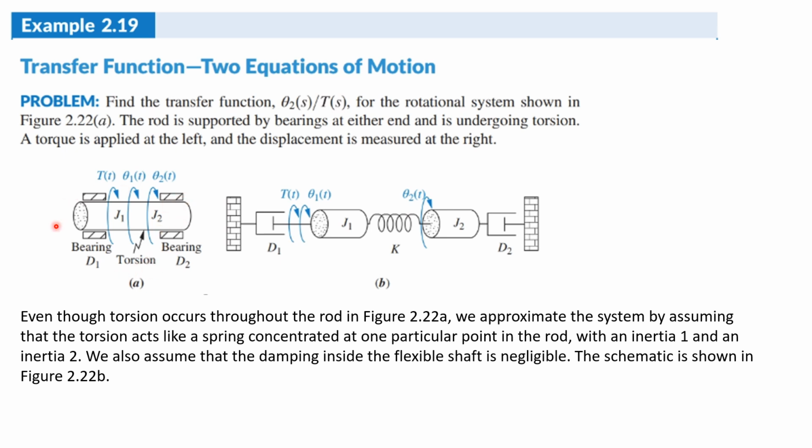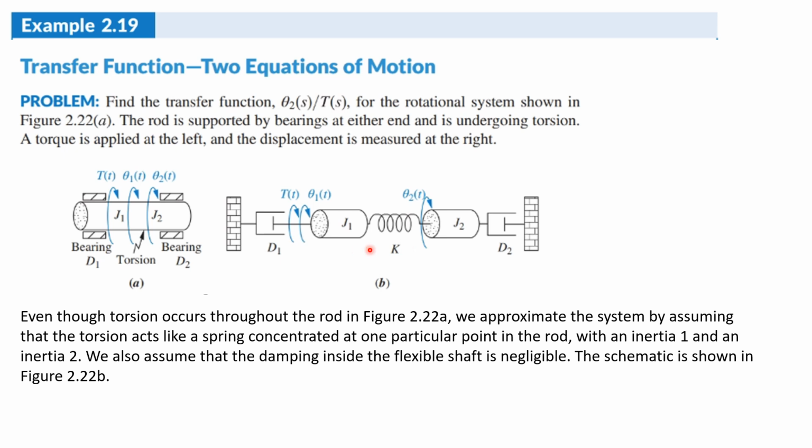So we can take our system and break it into a more detailed diagram. We're going to approximate the system by assuming that the torsion acts like a spring concentrated at one particular point on the rod, with inertia 1 and inertia 2. We also assume that the damping inside the flexible shaft is negligible.